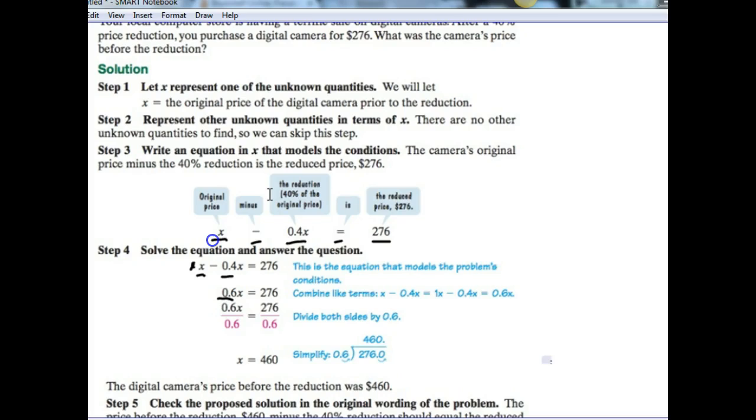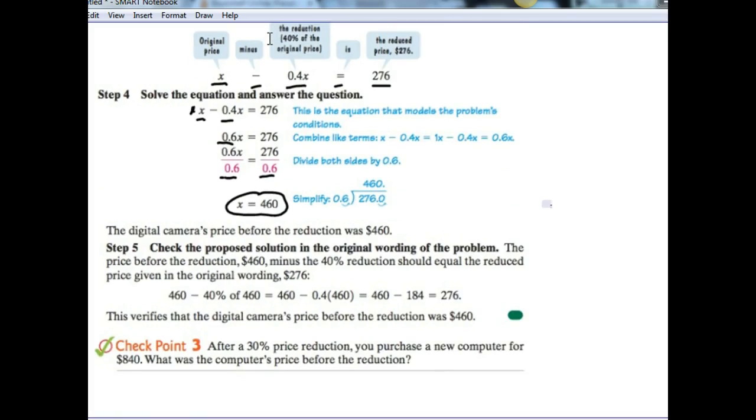If we divide both sides by 0.6, we end up with 460, which means that the original price, because remember we established what the variable was, the original price of the camera before the reduction was $460. Then you can always plug it back into your equation, hopefully providing your equation was correct, and it should come out to be a true statement.